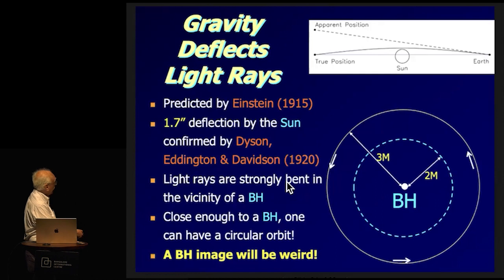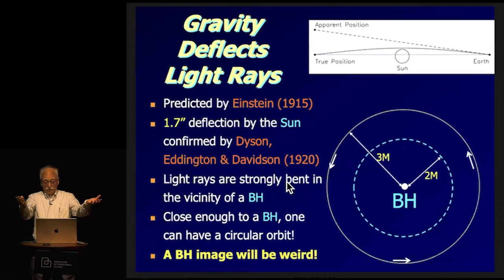So in fact, if I go near a black hole, so this is the event horizon, and I went 1.5 times the radius of the event horizon and shone a flashlight tangentially, the bending will be so much that the light will go full orbit around and come back to where it started. I can form a circular orbit of this light beam just through the effect of gravity.